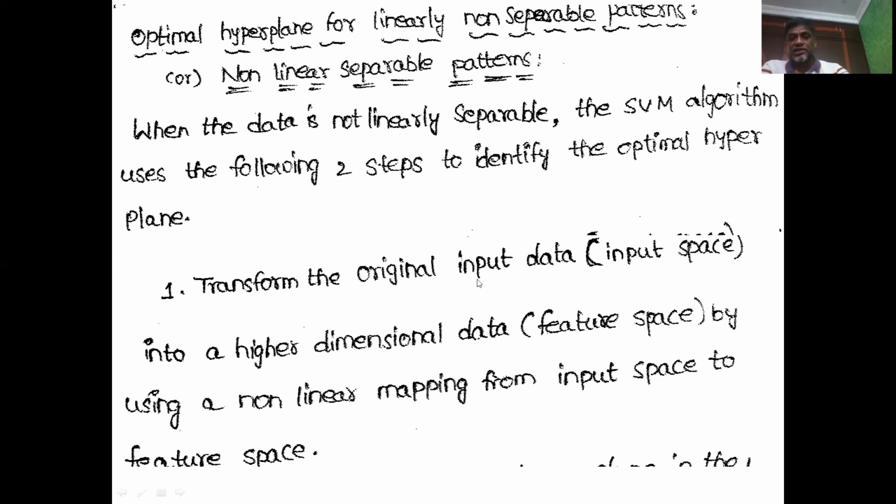This input data is lower dimensional, which is the reason we are not able to separate it linearly. So we transform the input data from lower dimension into higher dimension data. This higher dimensional data is called the feature space.